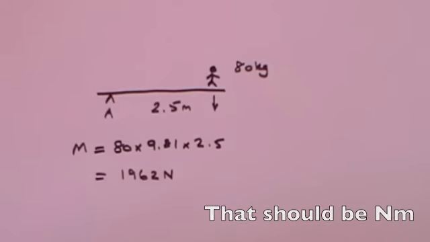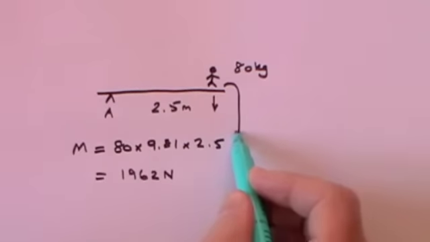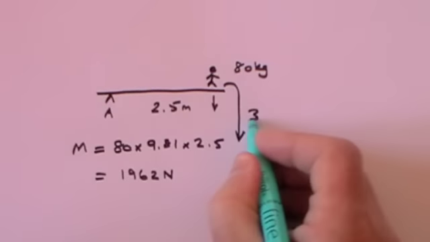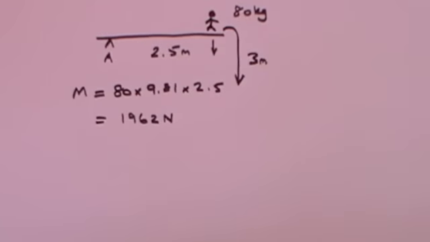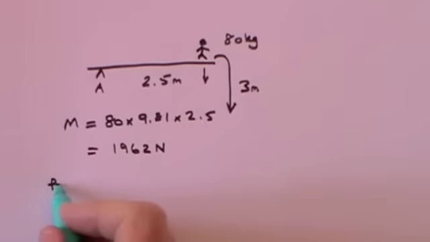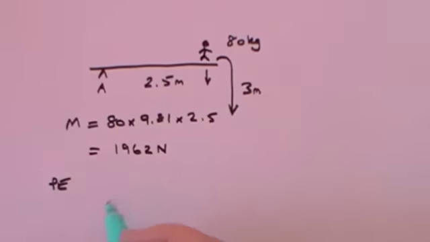The second part of the question is, if this person dives off the diving board and jumps down a distance of 3 meters into a swimming pool, what will their speed be on entering the water? And for this we recognise that potential energy on the diving board will be converted into kinetic energy by the time you're about to hit the water.